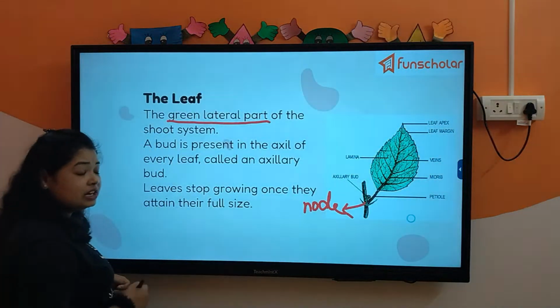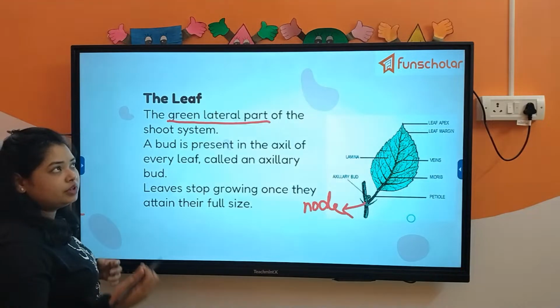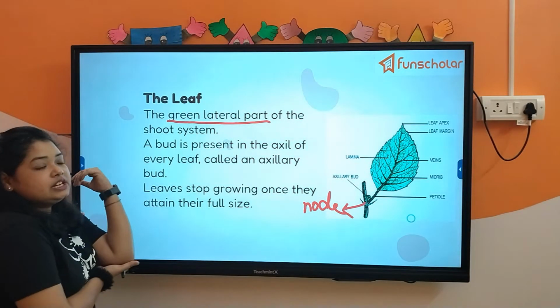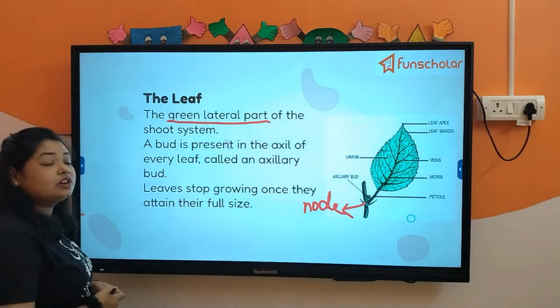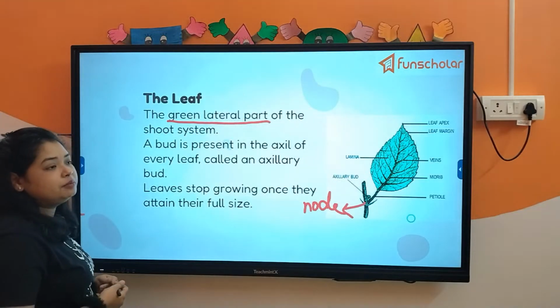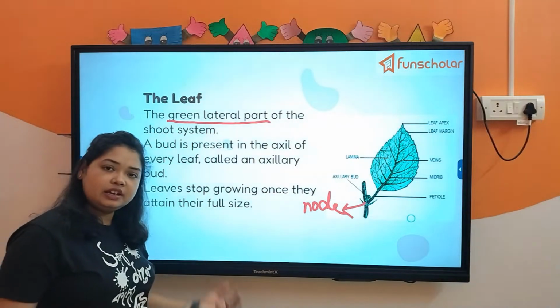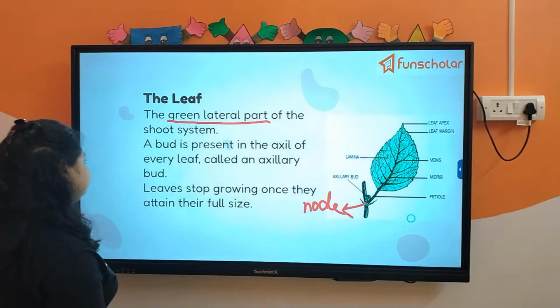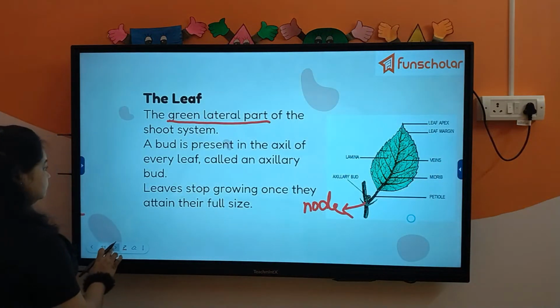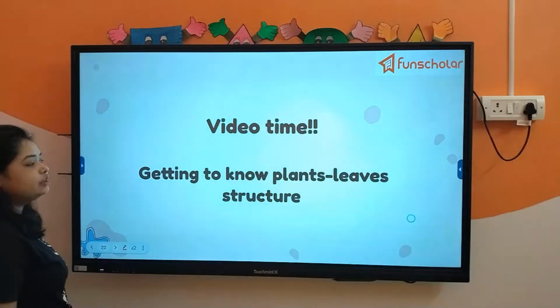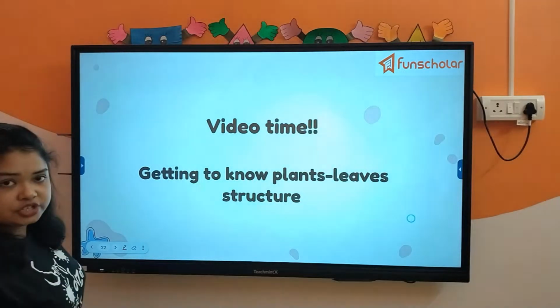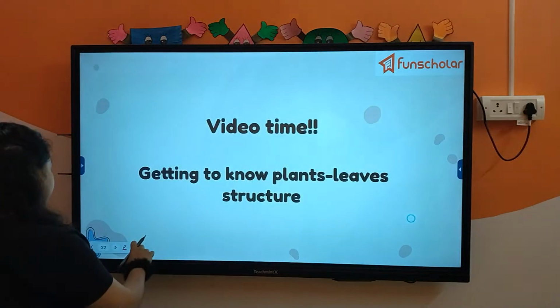So there are young leaves, then the leaves that have attained maturity, and finally the old leaves which then become incapable of performing photosynthesis, and finally they fall off. So now we will watch another video where the leaf structure has been described.